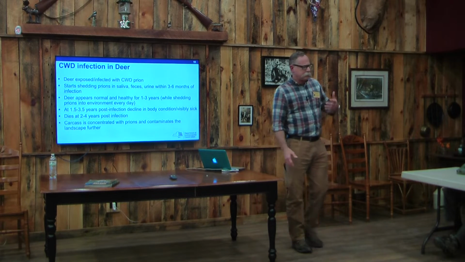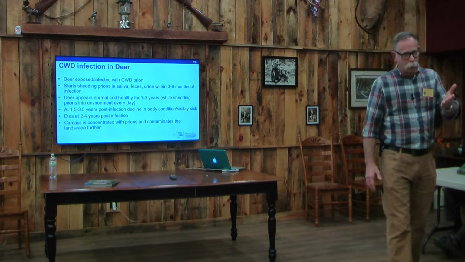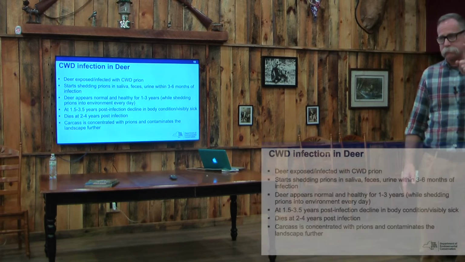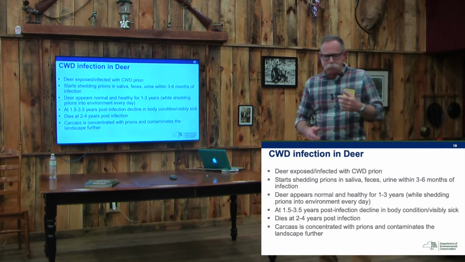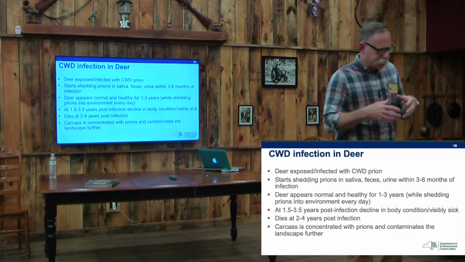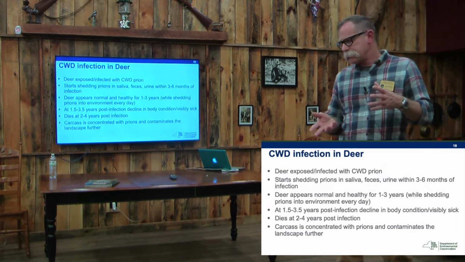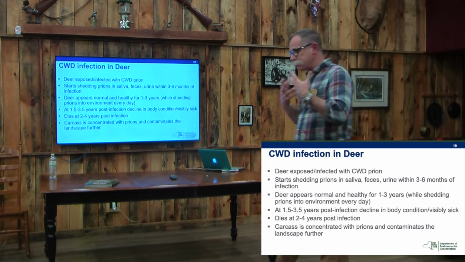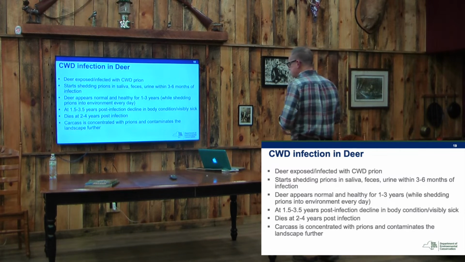So the way it works, the deer gets infected with this prion. It gets exposed to potentially one prion. We think the infectious dose might be one of these prion proteins. He gets infected, and it gets into his system, and it starts to multiply. After like 2-3 months or so, he starts to shed the prions in his saliva, his urine, and his feces.